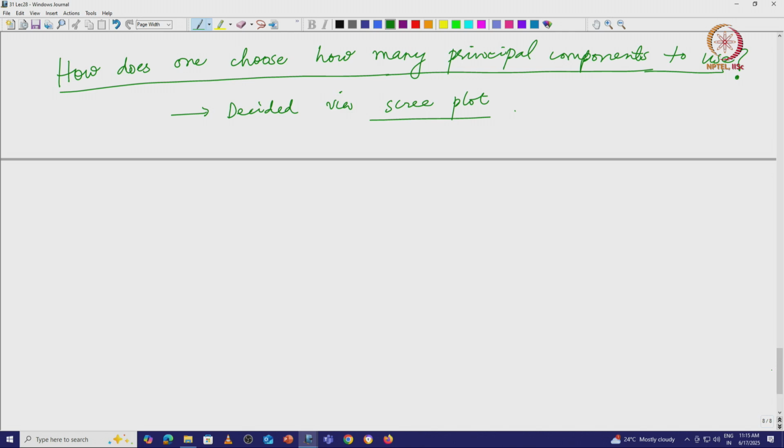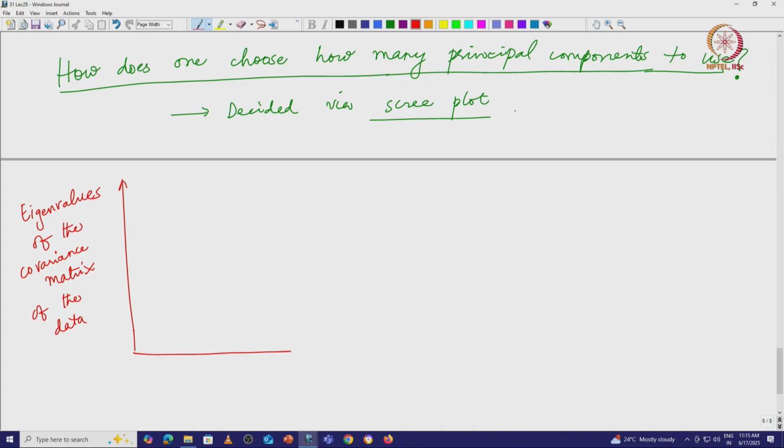So, essentially you are plotting on the y axis the eigenvalues of the covariance matrix of the data. On the x axis you just plot the principal component number, right.